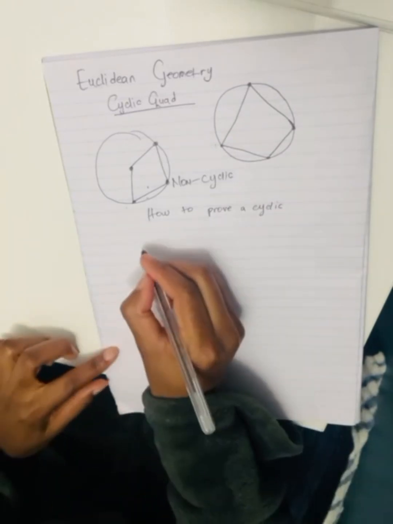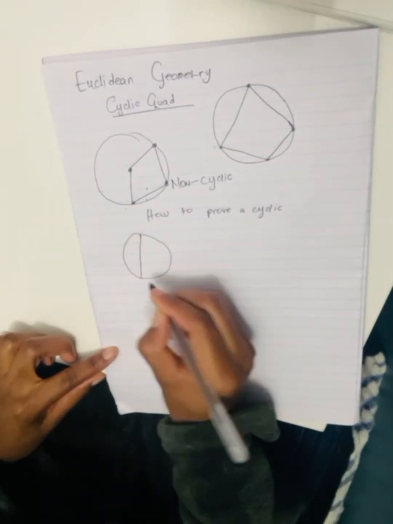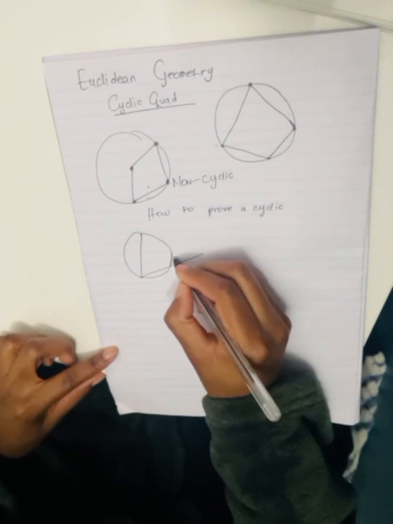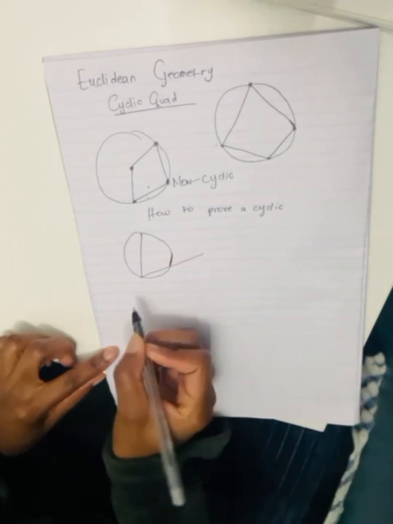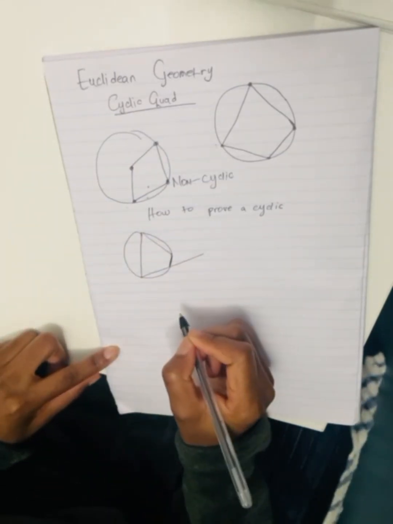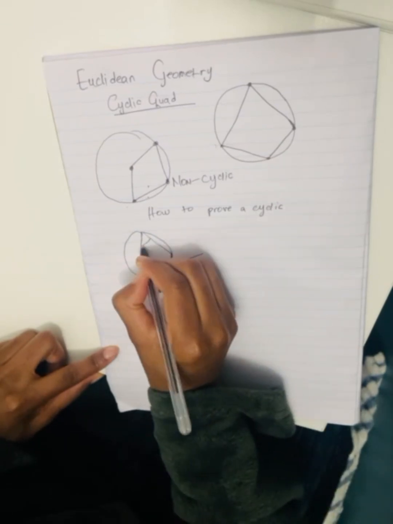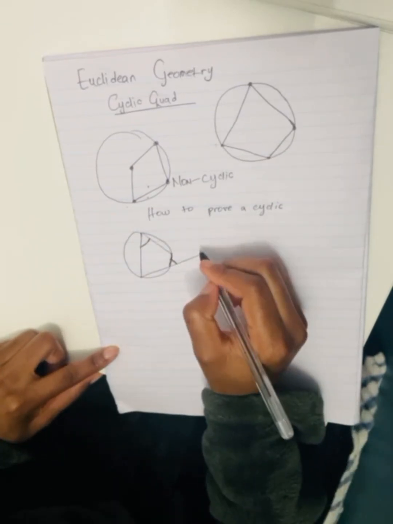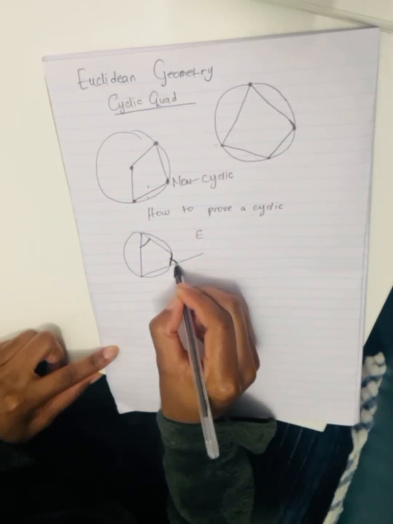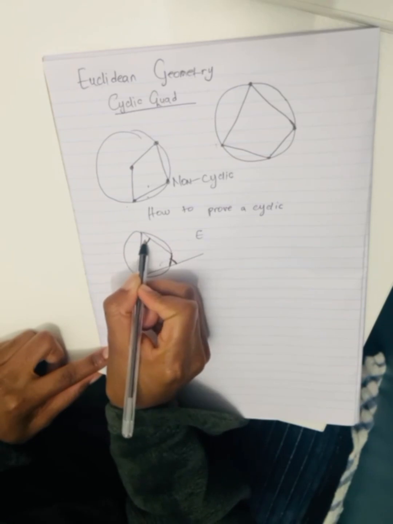Let's say we have something like this. It's a line here and then goes like this. You need to remember that this here is equal to this, because the exterior angle of a cyclic quad is equal to the interior opposite angle, which is this one.